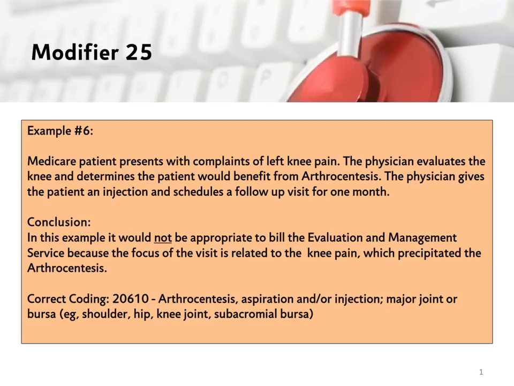Under this scenario, it will not be appropriate to bill the E&M visit along with the arthrocentesis, since the purpose of the visit was really to evaluate the patient's knee, and the 3 components of the E&M were not actually provided. So in this case, you would only bill the 20610 for the arthrocentesis. It would not be appropriate to bill an E&M visit nor append modifier 25.